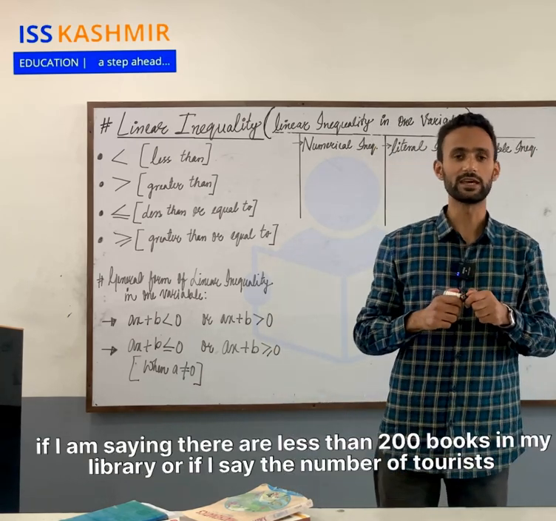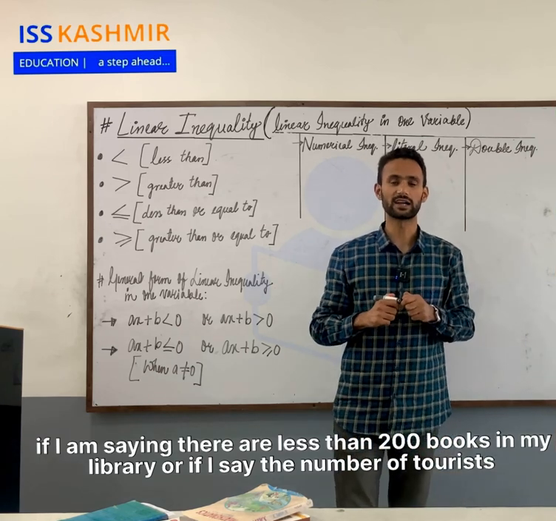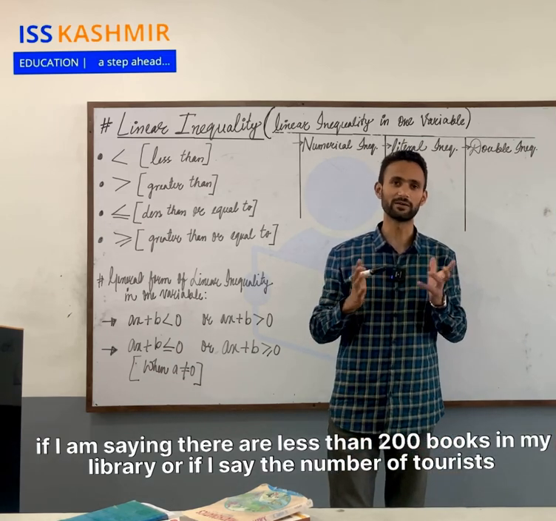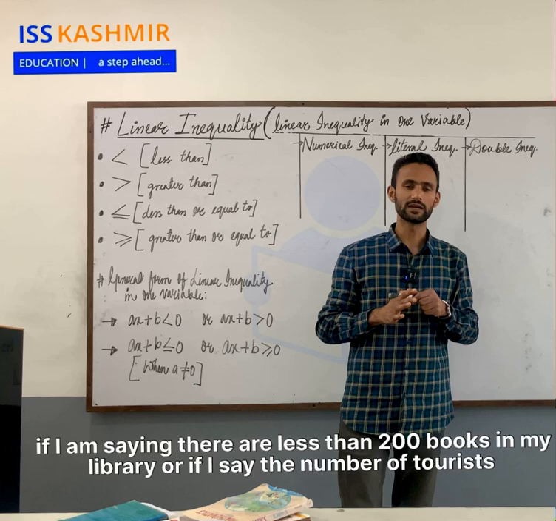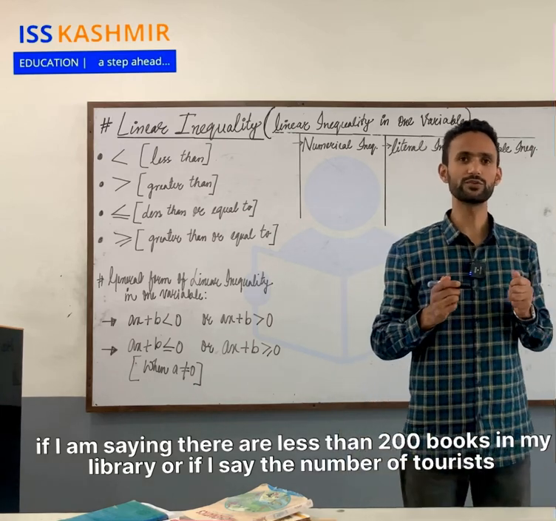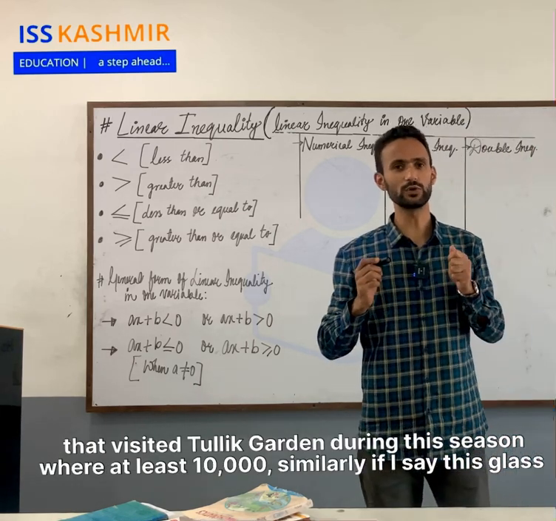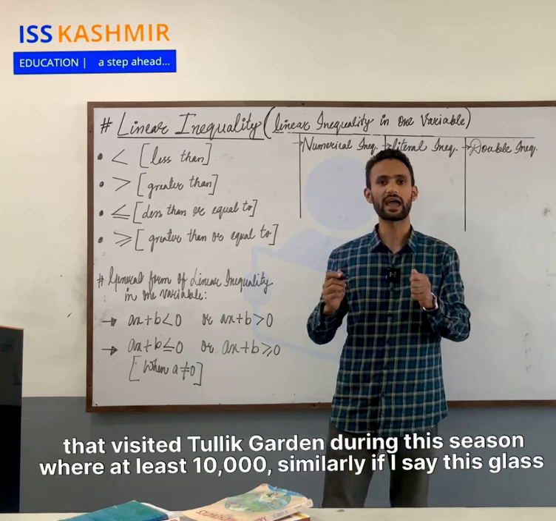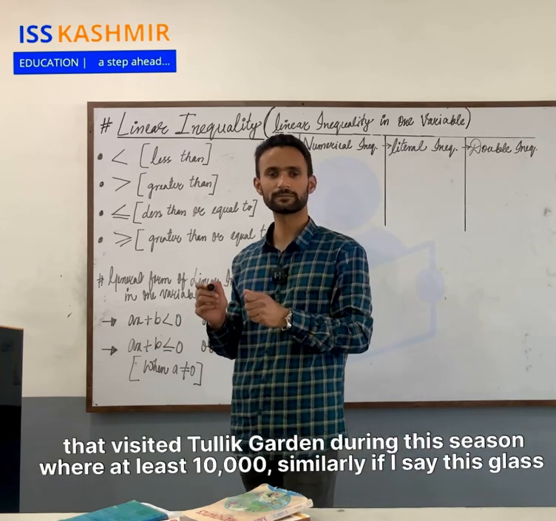For example, if I am saying there are less than 200 books in my library, or if I say the number of tourists that visited Tulip Garden during this season were at least 10,000.